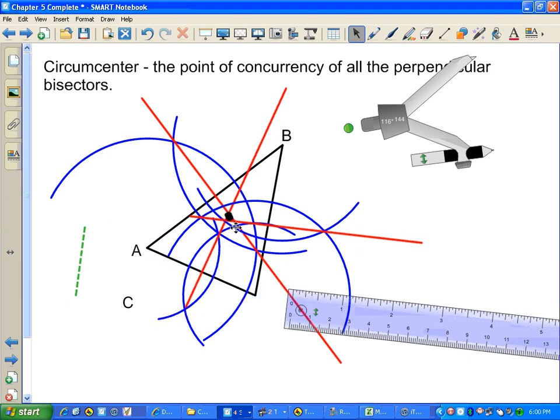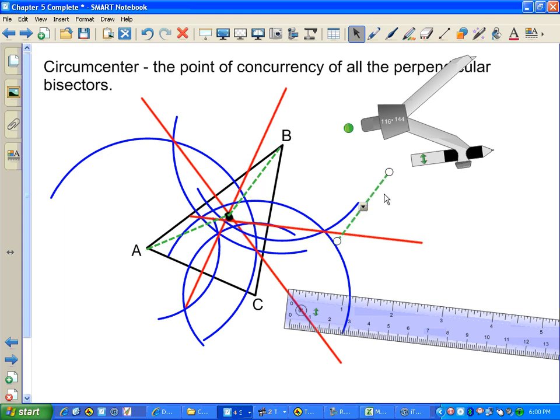So it's equidistant from A and B. So that means if I connect the circumcenter to B and connect the circumcenter to A, these two green dotted lines are the same distance because the circumcenter's on the perpendicular bisector and every point on there is equidistant from the endpoints of the segment.